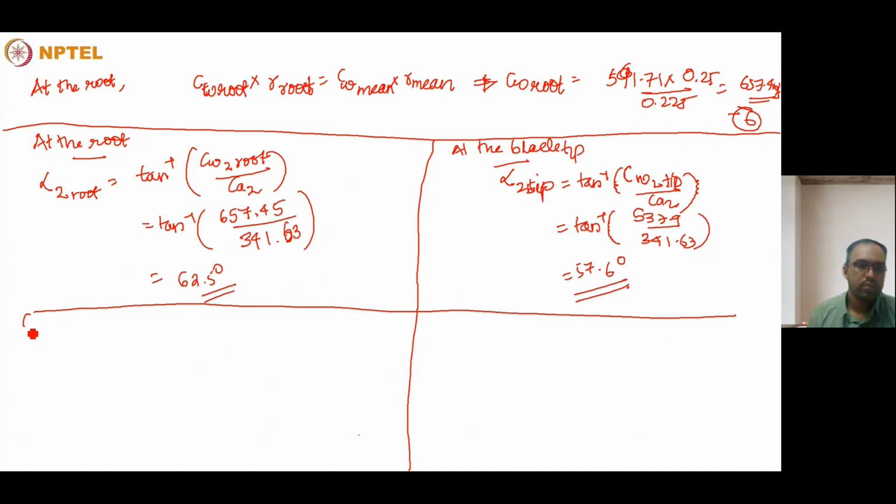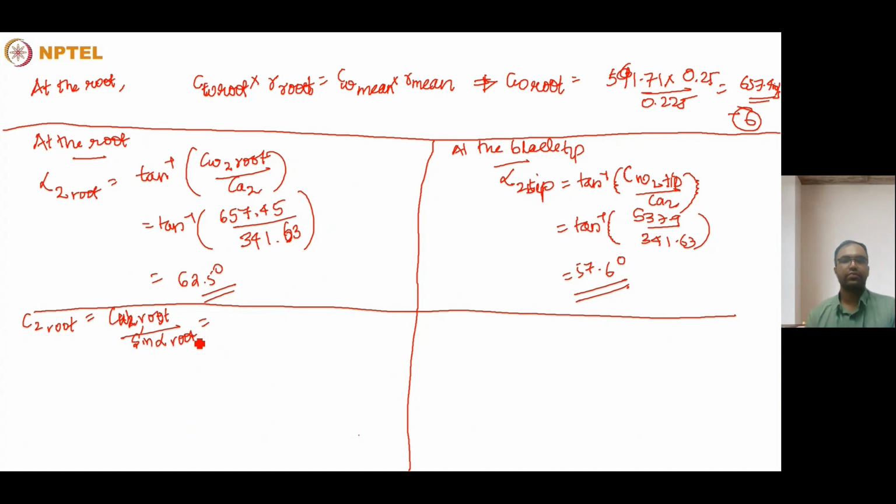So C2 at the root will be equal to CA2 root divided by cos alpha root.